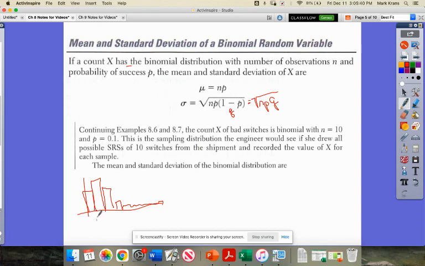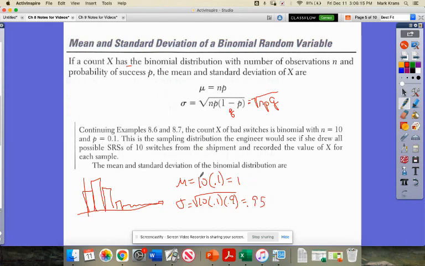What would be the mean and the standard deviation? The mean needs to be the balance point of this. All right, and it would be mu equals N, which is 10, times 0.1, which equals 1. And my sigma would be the square root of 10 times 0.1 times 1 minus 0.1, which is really 10 times 0.1 is 1, times 0.9, so we get 0.95-ish.